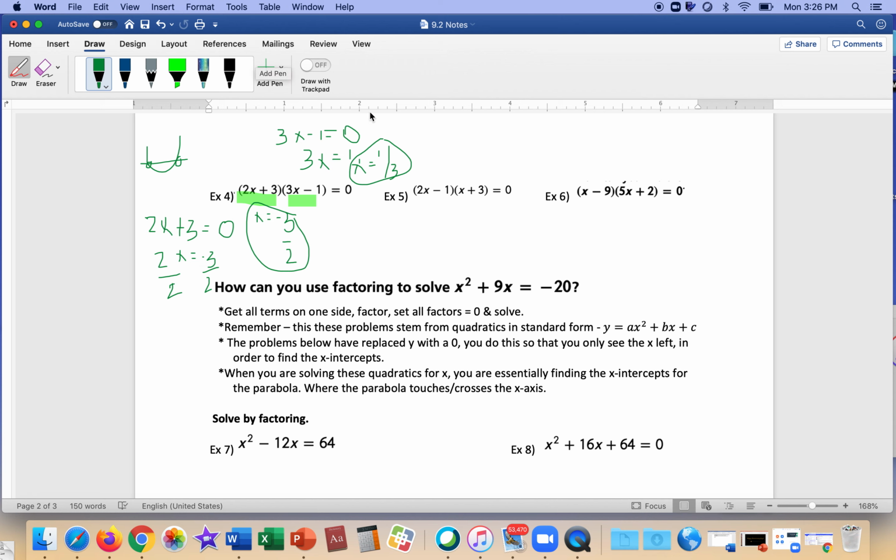Similarly for this next one, if we set each factor equal to 0, if I set x plus 3 equal to 0, I subtract 3 and I get negative 3. So that's one value.